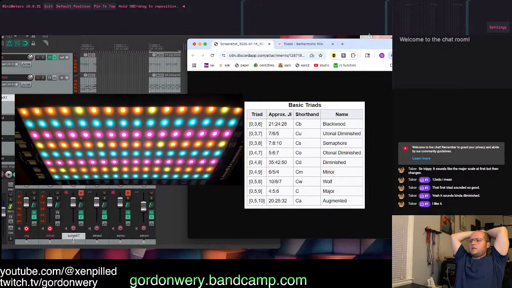Obviously, Kite's system is temperament agnostic, but I'm really thinking of how you get a system. The thing is, a major chord sounds completely different depending on what tuning you're in.